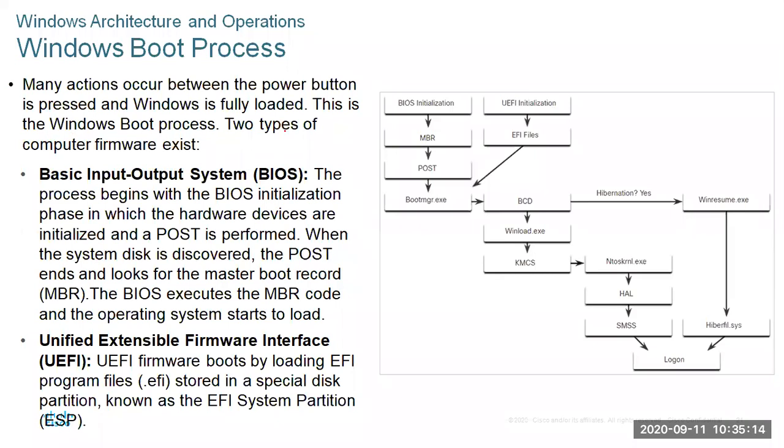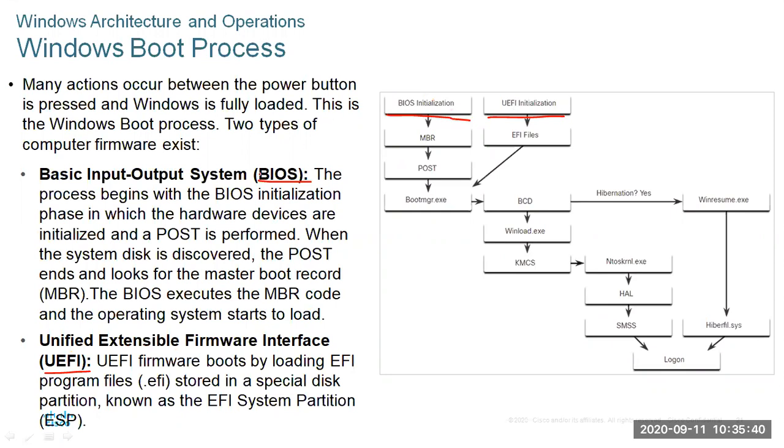And we have two types of computer firmware that exist. We have the BIOS and we have the UEFI. The BIOS is the basic input output system, and the UEFI is the Unified Extensible Firmware Interface. Those are the two major aspects of the ROM that manages your startup.